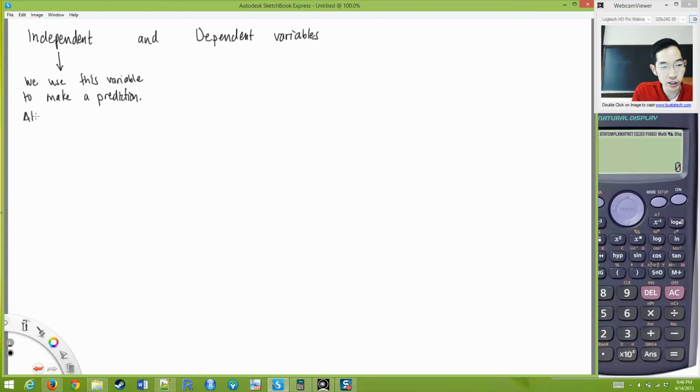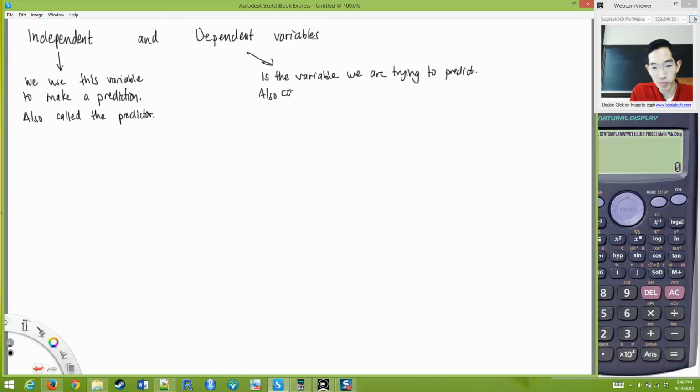It's also called the predictor. The dependent variable is the variable we are trying to predict, also called the response. The independent variable is the x, and the dependent variable is the y.